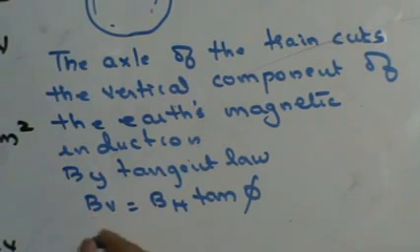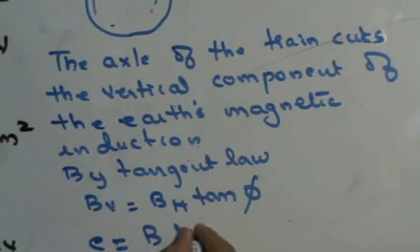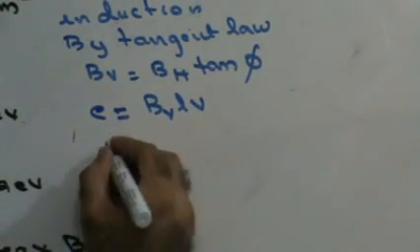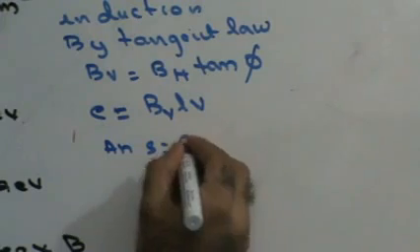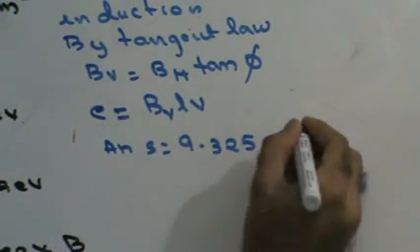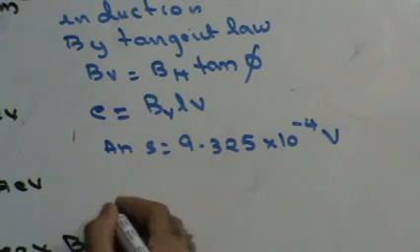Once I know this, I can find out EMF. EMF is nothing but BLV. Now since the axle is cutting the vertical component, I'll have to take BV, the vertical component of the Earth's magnetic field. The answer for this sum should be 9.325 into 10 raised to minus 4 volts.